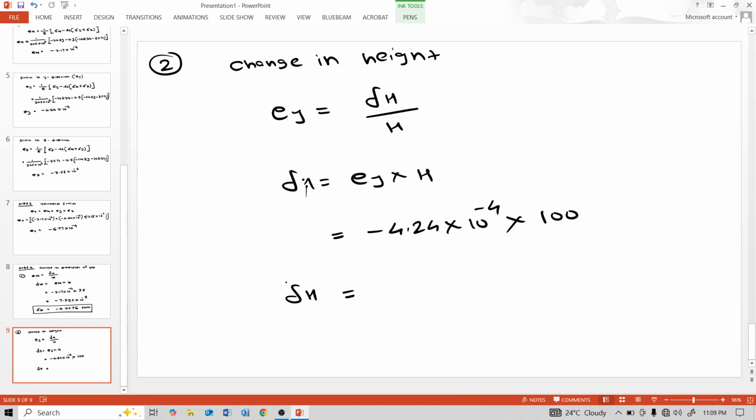Minus 4.24 into 10 raised to minus 4 multiplied by 100 is 0.0424 mm. This is change in height.